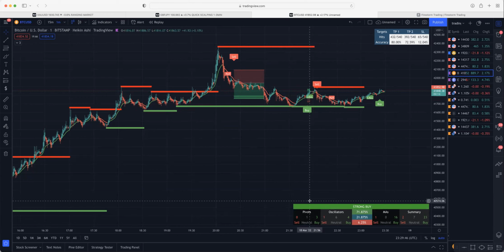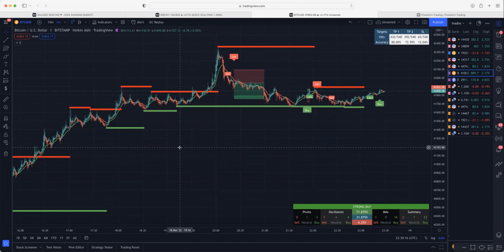Instead of having all of those moving averages, oscillators, and pivots cluttering up your screen, you can have them all in a little box down here, and it will show you that 23 out of all these indicators point to a buy, 7 are neutral, and 2 point to a sell, giving you a 71% accuracy of the market continuing up.